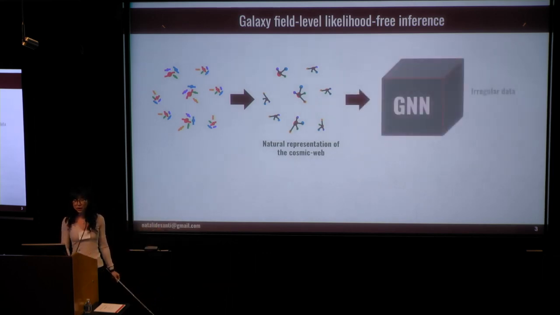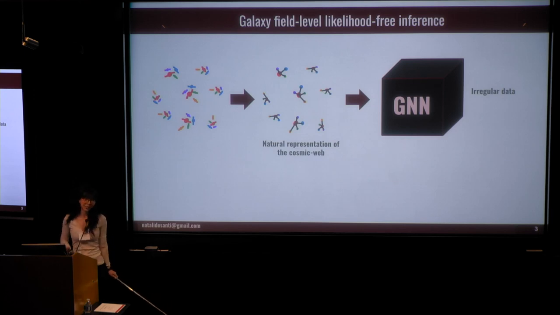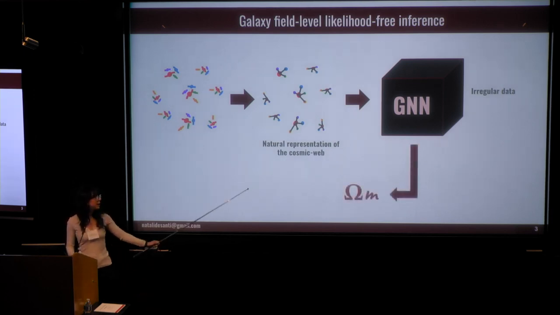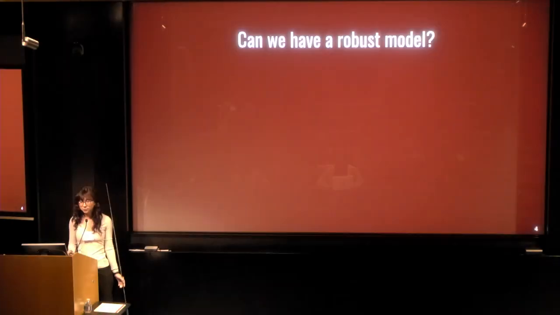So we are feeding our black box of machine learning, which are the graph neural networks, which are pretty good at dealing with irregular data. And then we are estimating omega matter, and this is a really good way to do this because, after having the machine learning model trained, we can obtain estimations for omega matter in a way which is really fast, and we do not have to impose any cut-on scale.